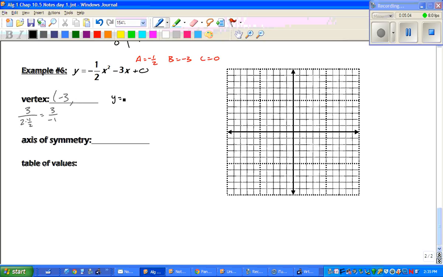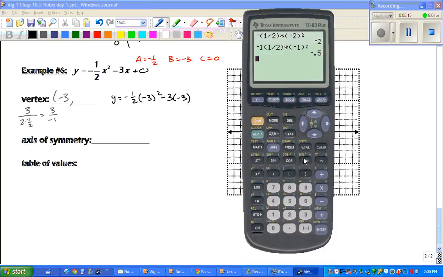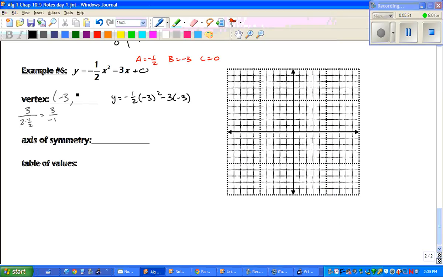Okay, now we're going to plug it in and figure out what the other point is. So we've got negative 1/2 times negative 3 squared minus 3 times negative 3, and we get 4.5.